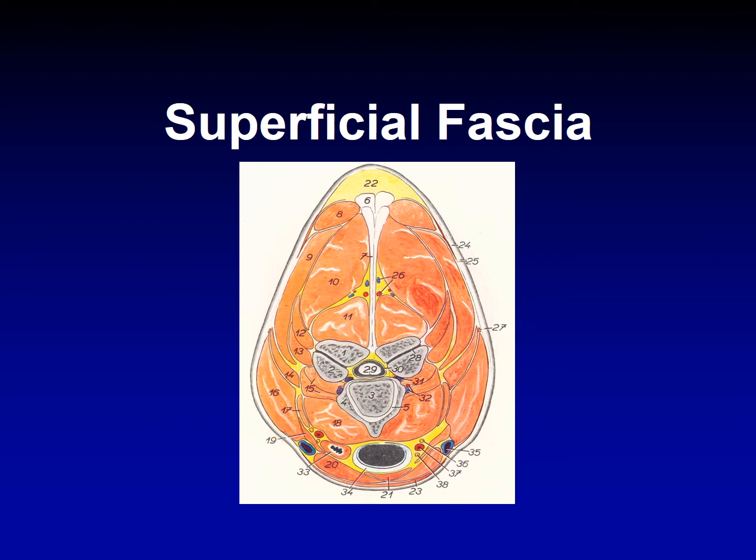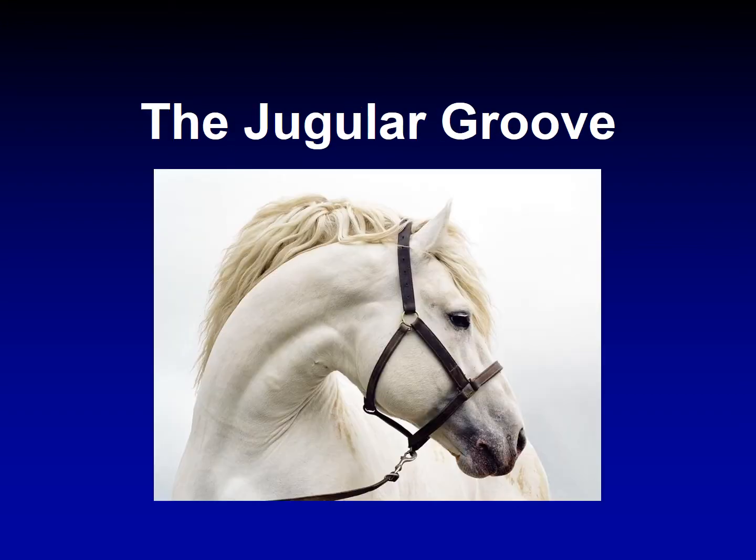So now let's talk about the jugular groove and why it is important. So this is basically the jugular groove. This is the jugular groove of the horse. And this area is of extreme clinical significance.